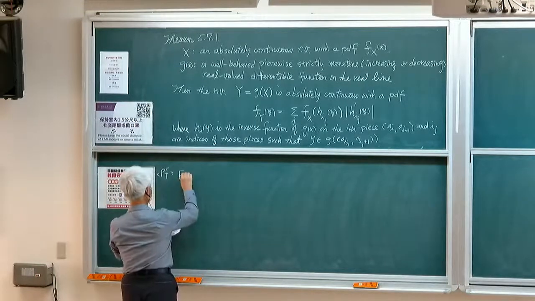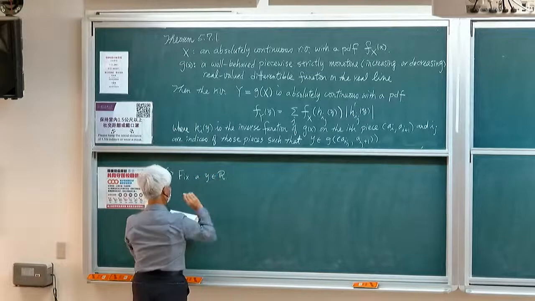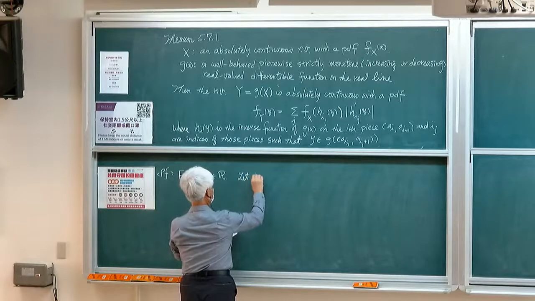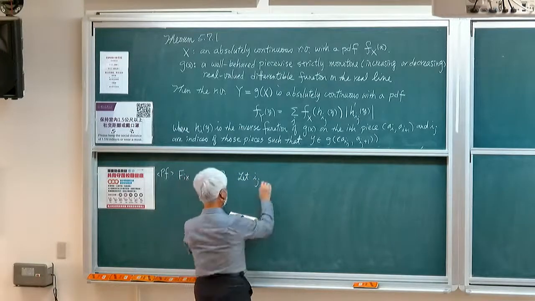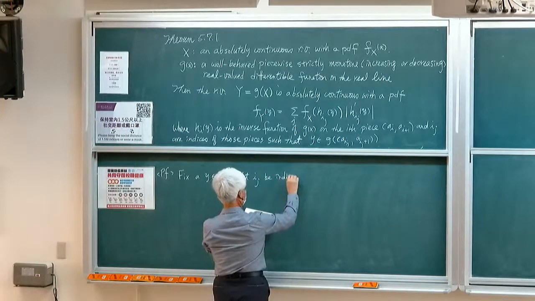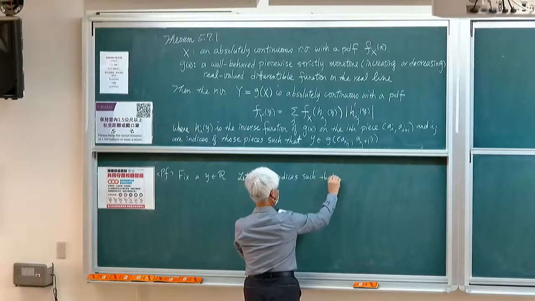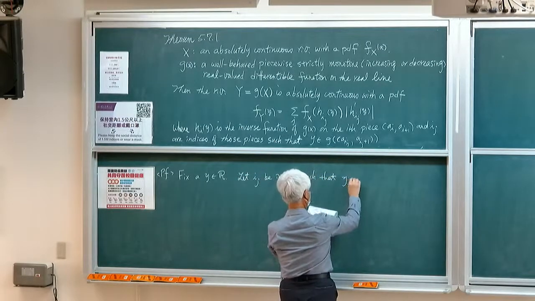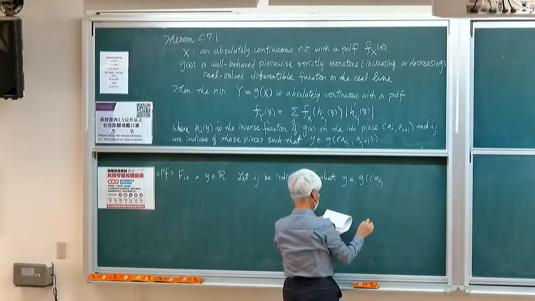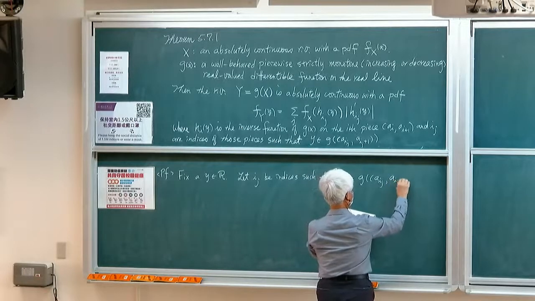Okay. So first of all, we fix a y in R, and we let I sub j be indices such that y is in g of the interval a_{I sub j} to a_{I sub j plus 1}.